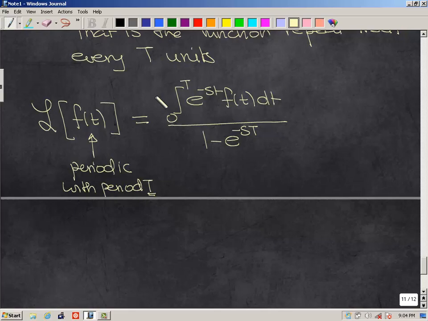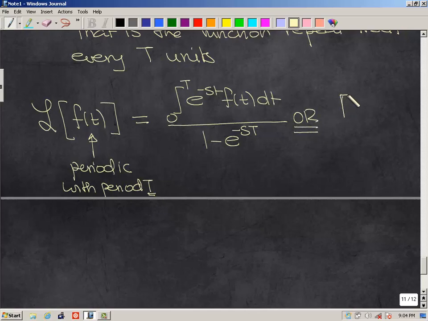Now this on the right hand side looks very similar. If I didn't have this capital T, if I had infinity here, this would be the Laplace transform of f of t. That's exactly what that would be, but we have capital T there. So there's another option for this. We can also use this formula instead.